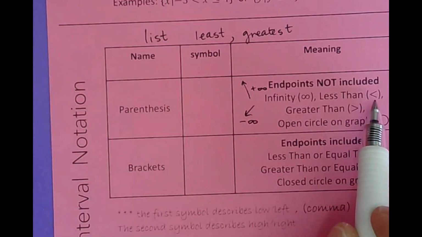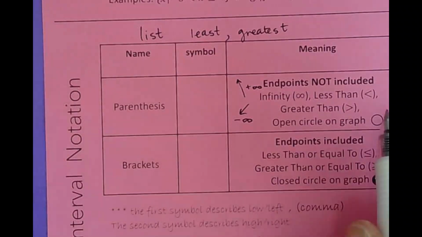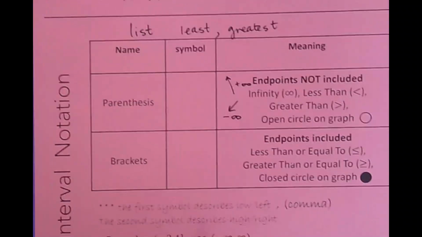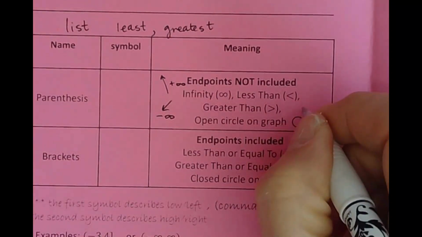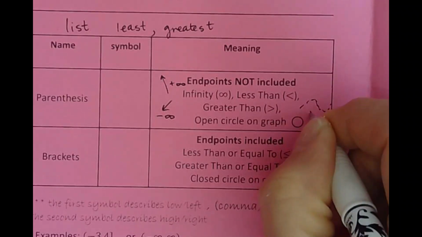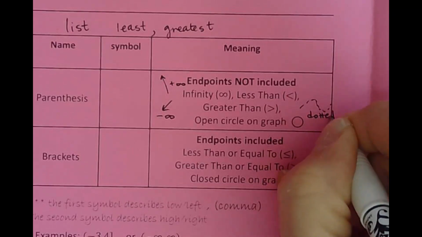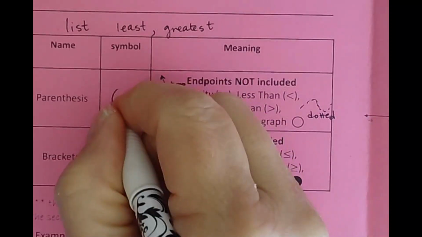Also, if you would use a less than or a greater than, or an open circle to describe your interval, or if your graph is drawn with a dotted line, for any of these, we'll use parentheses.